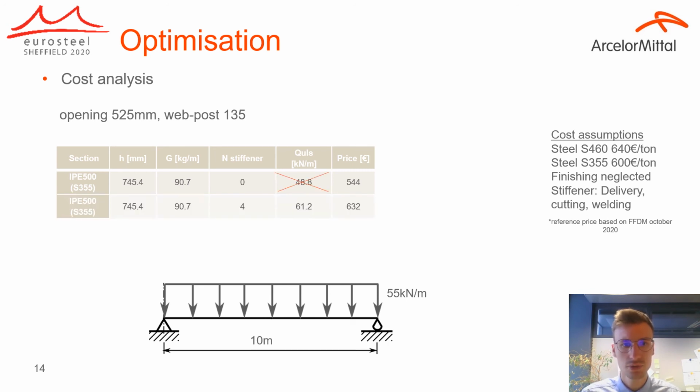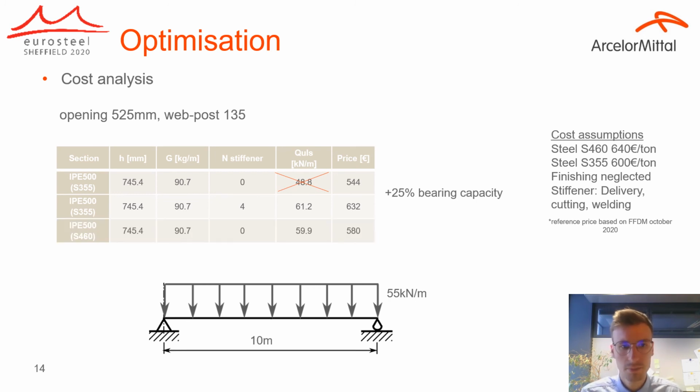The next solution is the same beam but with 4 web post stiffeners, again 2 at each end of the beam, and we increase the bearing capacity up to 61.2 kilonewton per meter, which corresponds to a 25% increase.